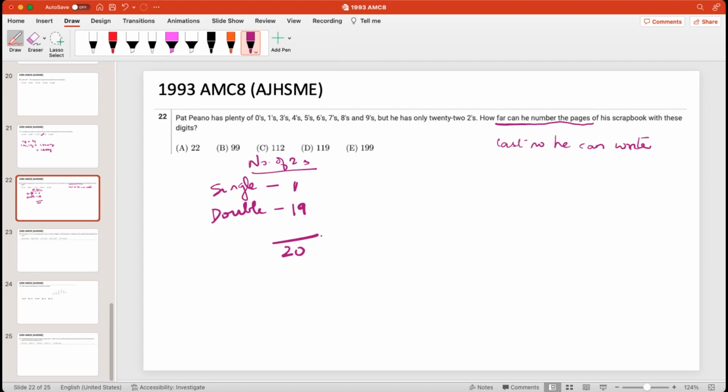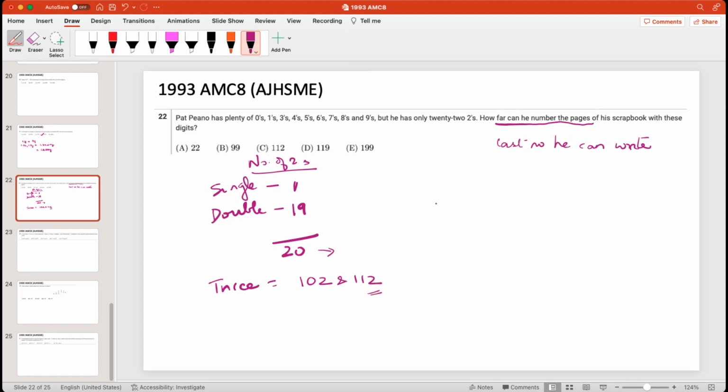So with 20 twos, he can write all the 2-digit numbers. Now in the 3-digit numbers, he has how many more twos? He has 2 more, right? So he can write in 3 digits, he can write 102 and 112. But 112 is not your last number, right?